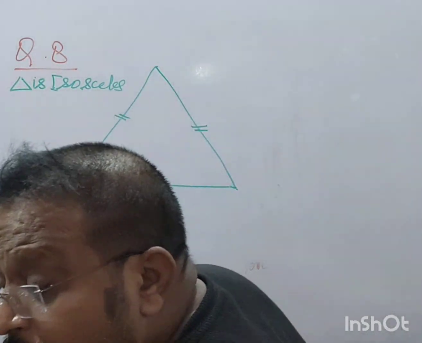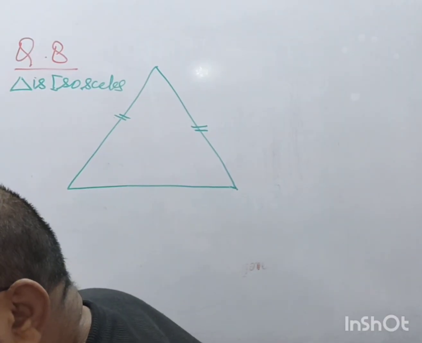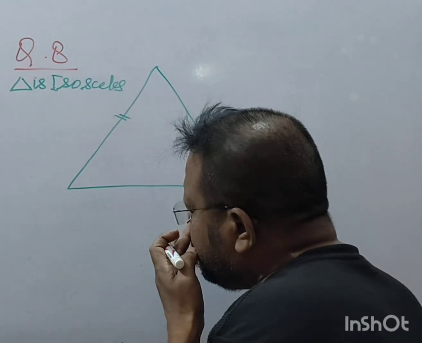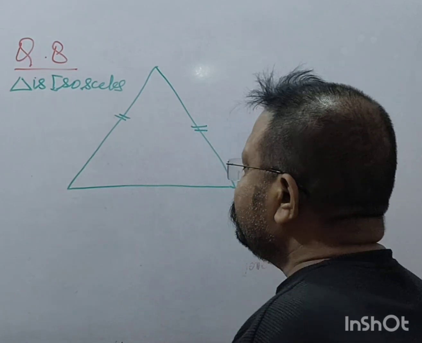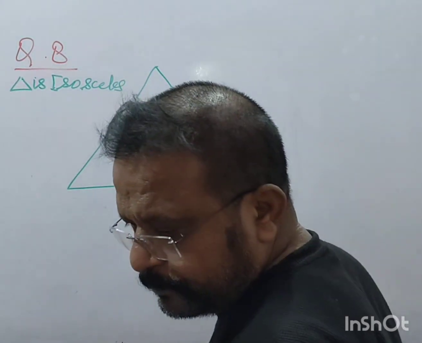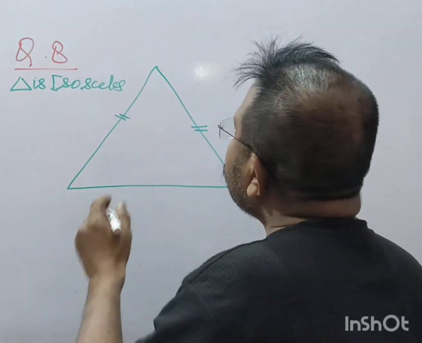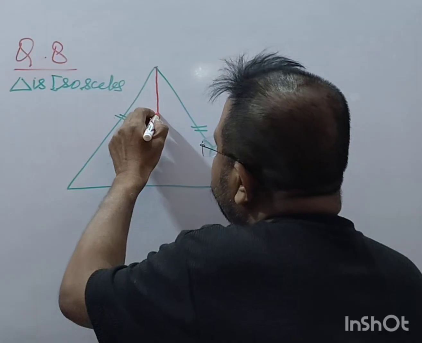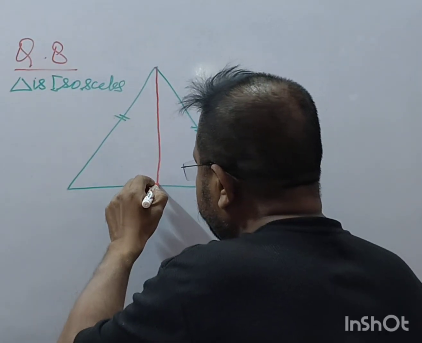Yes, sir. Now it is saying, when these two sides are equal, then if you draw a perpendicular from here, so it will be how much? Draw a median.